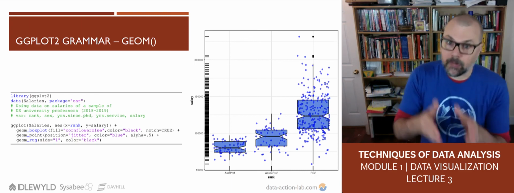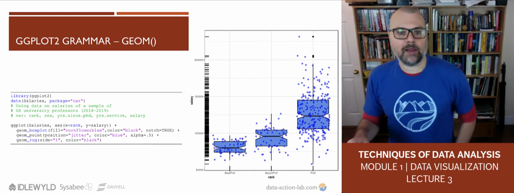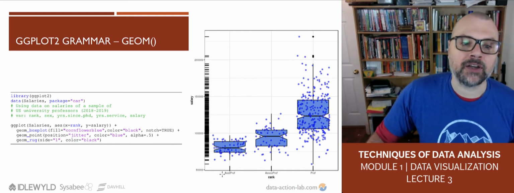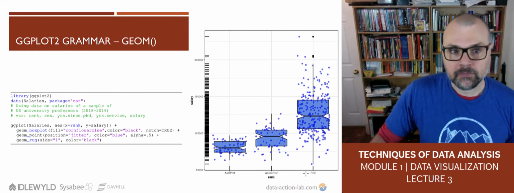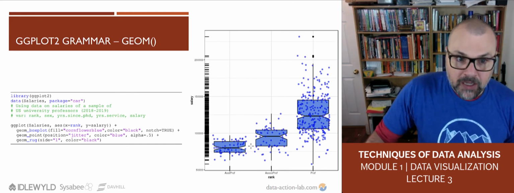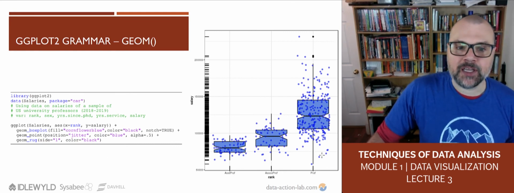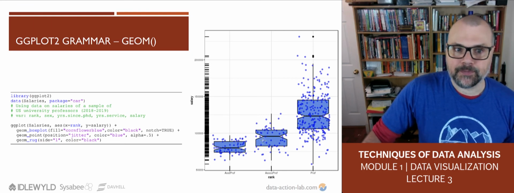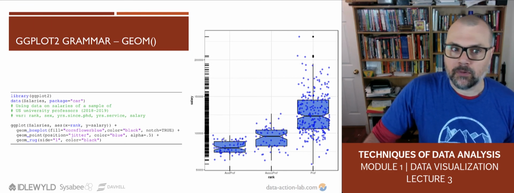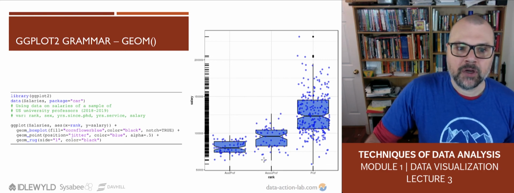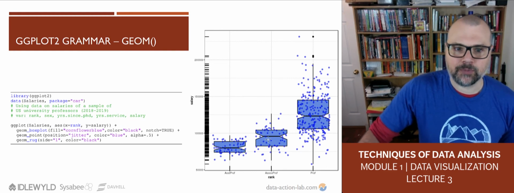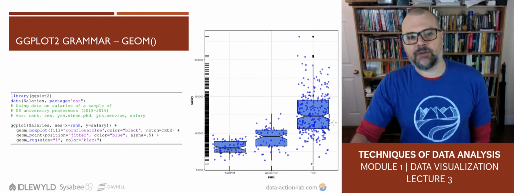There is one box plot for each of the ranks, and you see the ranks here are assistant prof, associate prof, and prof. We're seeing box plots for each of them, but we're also seeing a cloud of points. So these are all the potential salaries for the assistant prof, all the salaries for the associate profs, all the salaries for the full profs.